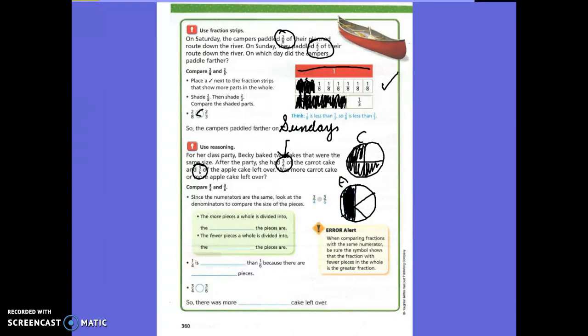Okay. Since the numerators are the same, look at the denominators. Compare the size of the pieces. Look at the size of our pieces. The more pieces the whole is divided into, the blank the pieces are.